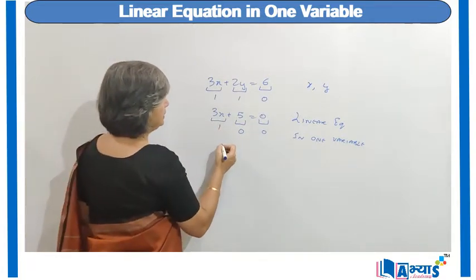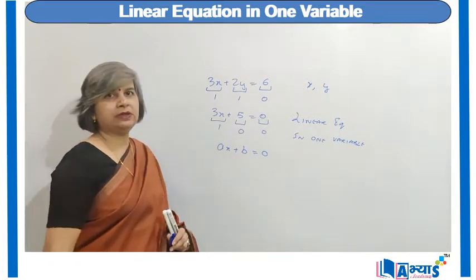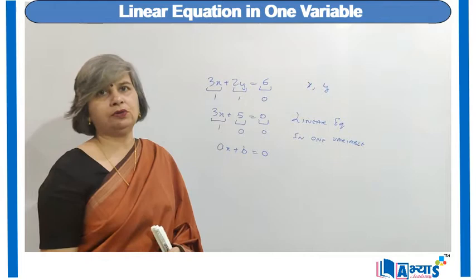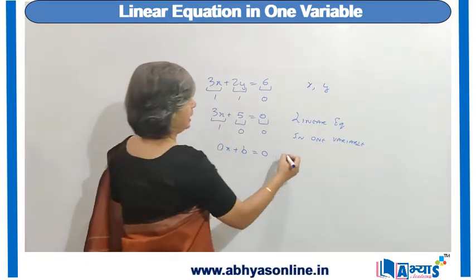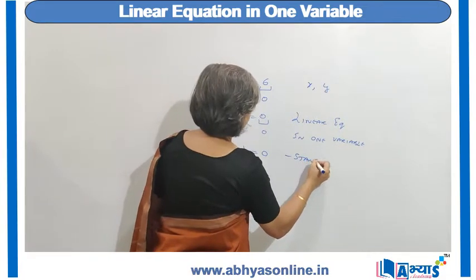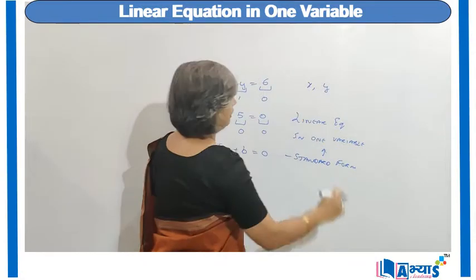The standard form is ax plus b is equal to 0. That means we should have a term with unknown, and we should have a constant, and we should have an equal to sign. So this is the standard form of linear equation in one variable.